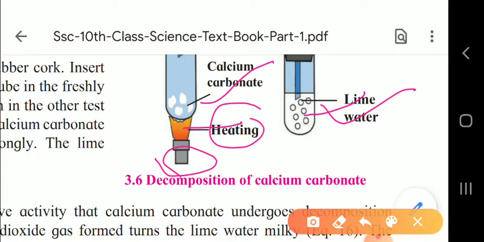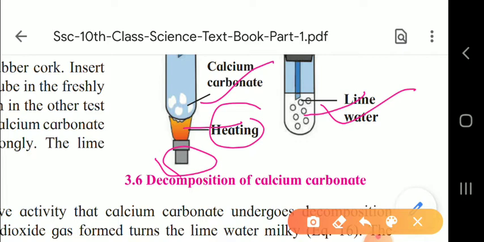So in this activity we can see that calcium carbonate undergoes a decomposition reaction and carbon dioxide gas is formed. This carbon dioxide gas turns the lime water milky after reacting with it. The second product of the reaction, that is calcium oxide, remains behind in the first test tube.